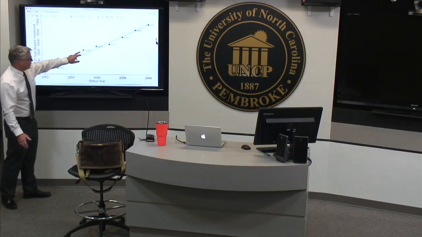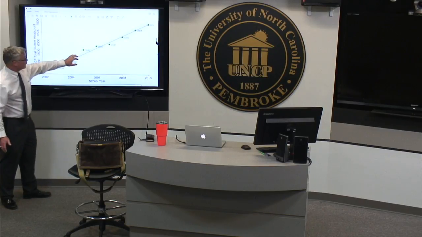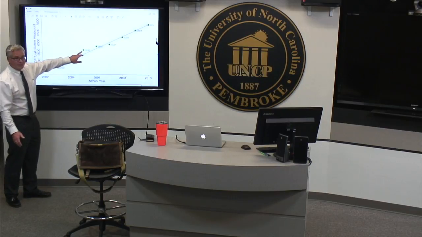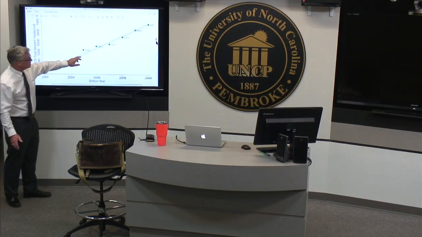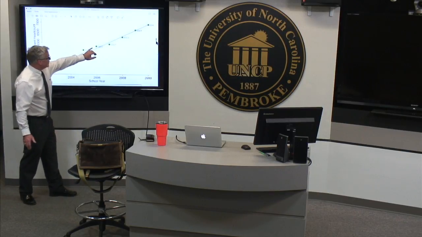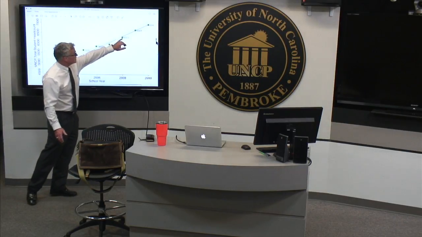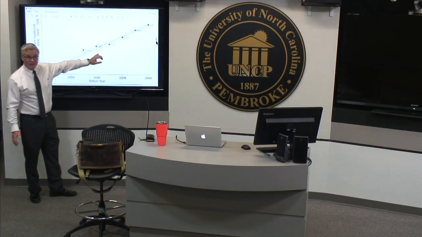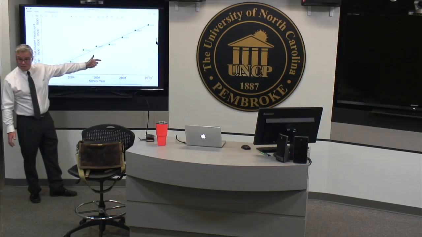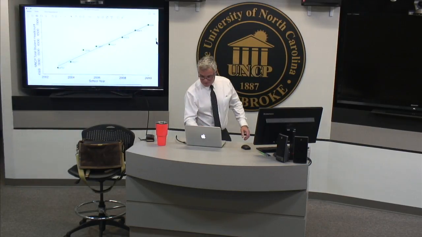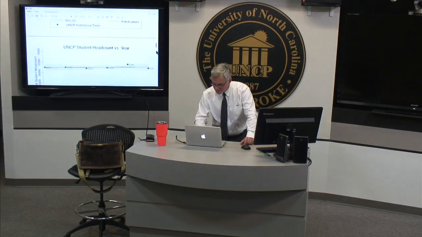So if we did a linear regression, it would explain a lot of this, but it wouldn't explain, for example, this data point. But it looks like we had significant growth. And you can see 58, 59, 63, 66, 69. Effectively, we're growing 300 students a year. And it turns out that this result was statistically significant.